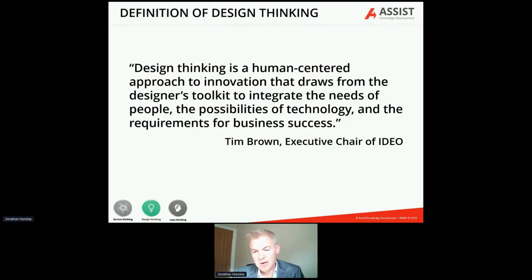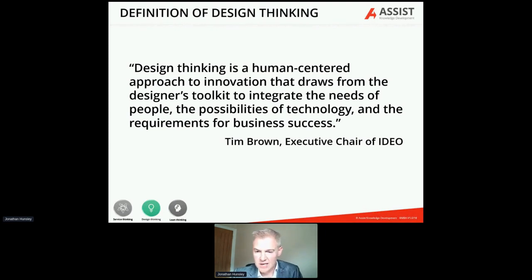Now, Tim Brown summarizes it, I think, really quite well. But he says that design thinking is human-centered. So start with the perspectives of our fellow humans. It's focused on innovation, and it's using our thinking approaches in order to assess and integrate the needs of people and the possibilities of technology.